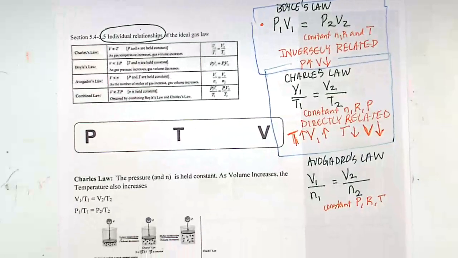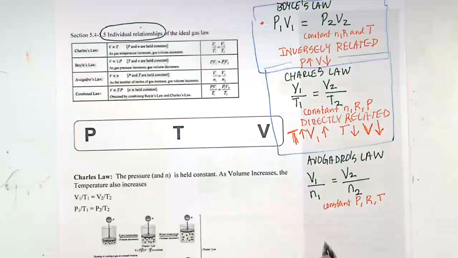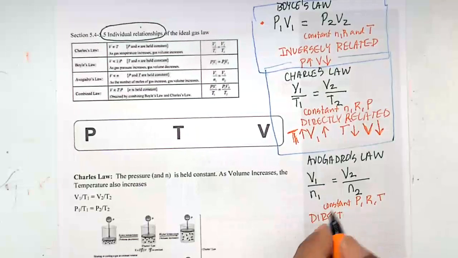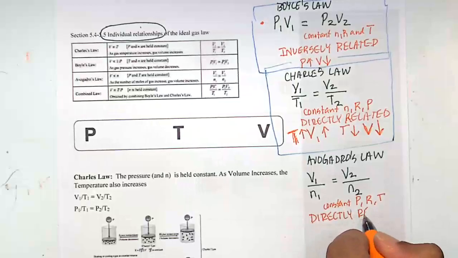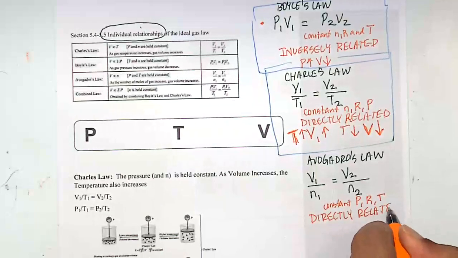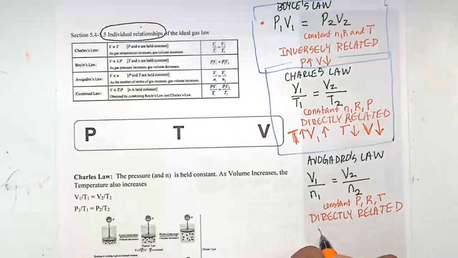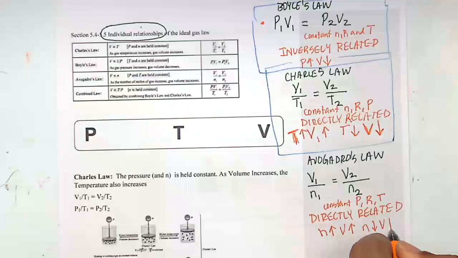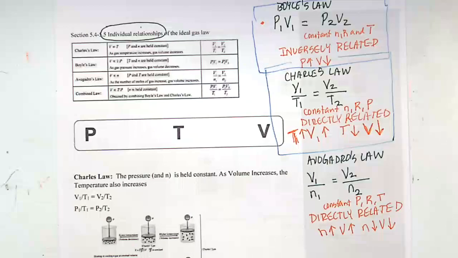This is a direct relationship. As one goes up, the other goes up. As you increase the number of moles, the volume will go up. If you decrease the number of moles, the volume will go down.